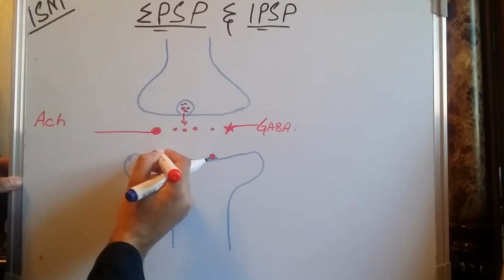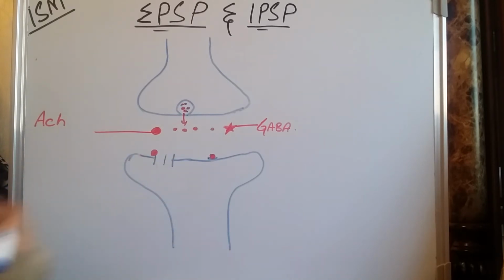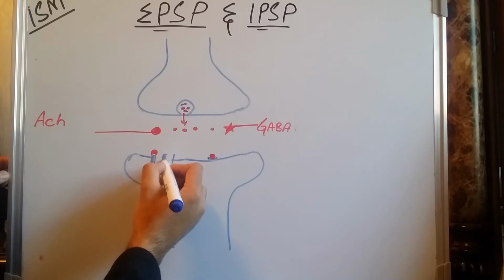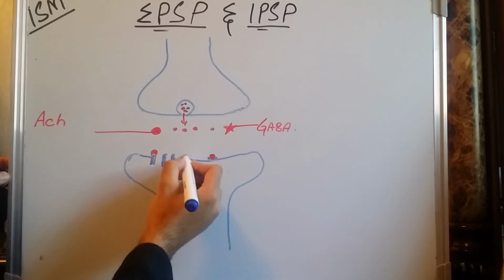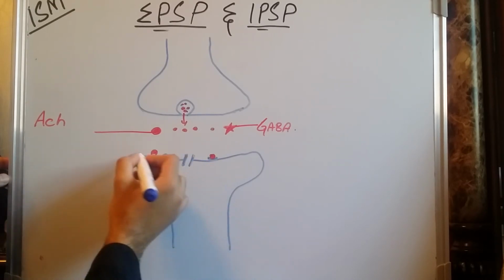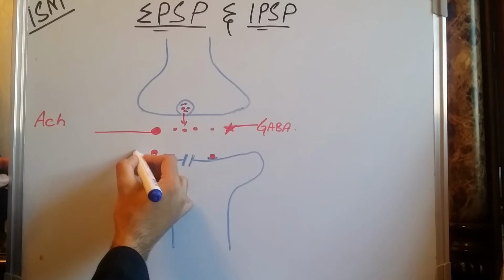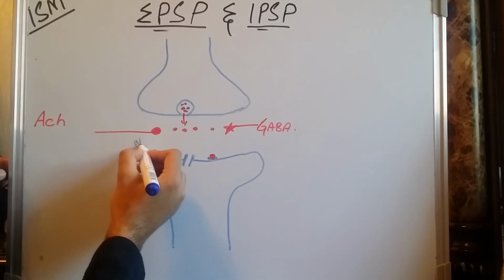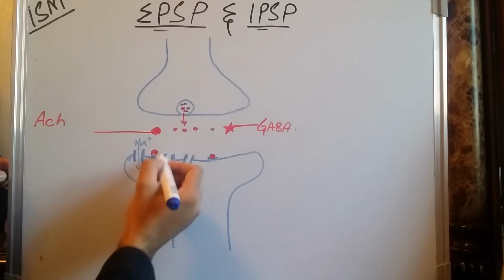This is the acetylcholine binding site and these are the sodium gates. They will open up more sodium channels efficiently, and as more sodium channels open up, more sodium rushes inside.